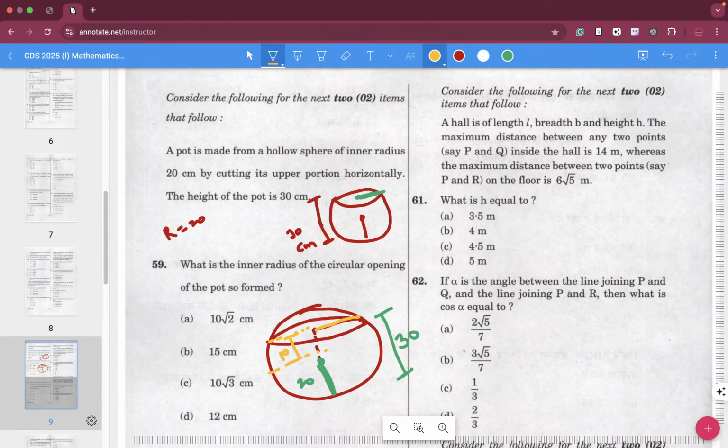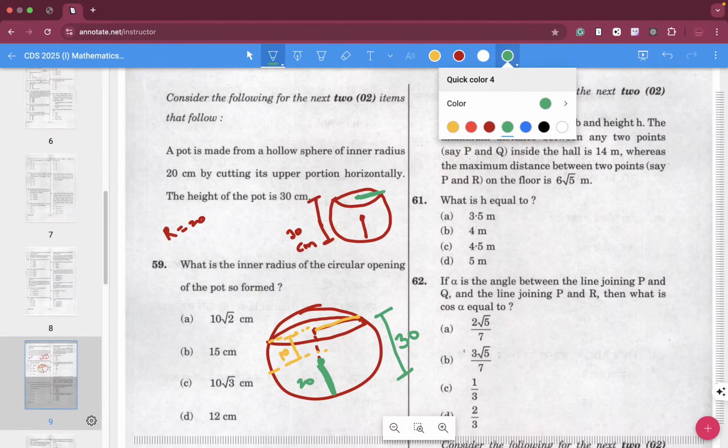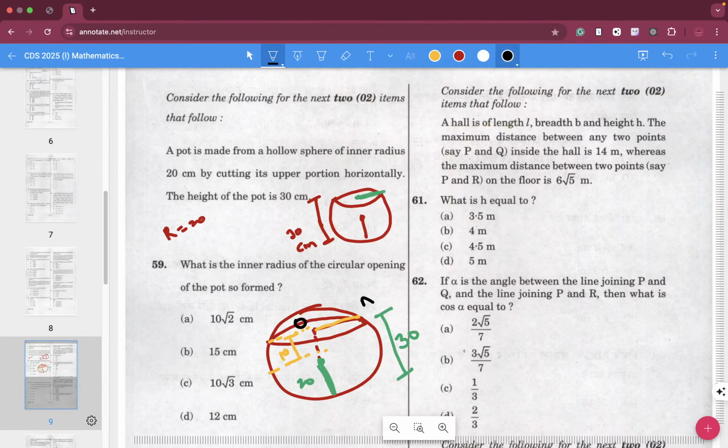Now they are asking what is the inner radius over here, right? So if I would like to draw something like that, let me call this one O, this one A, and this one B. Now if you look at the triangle OAB over here, the OA value is the radius you have to find out.